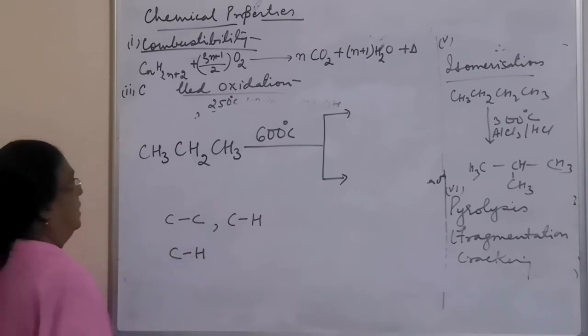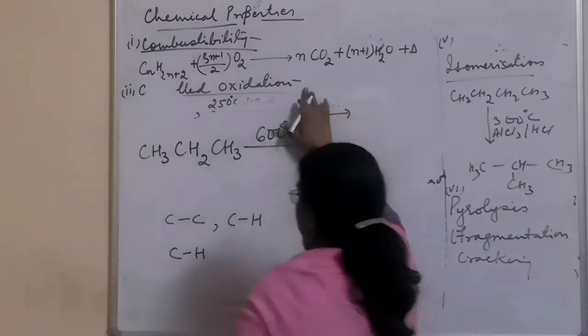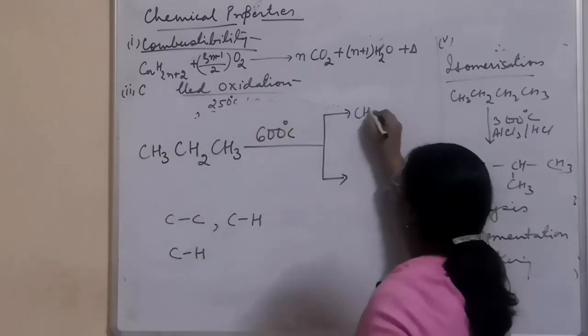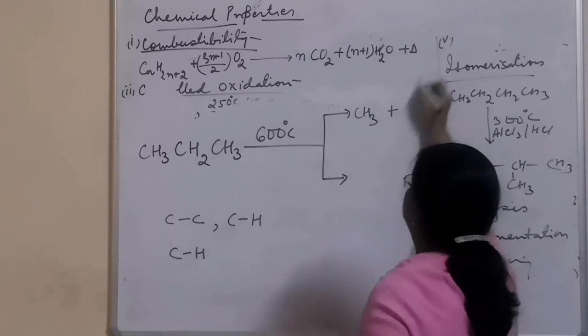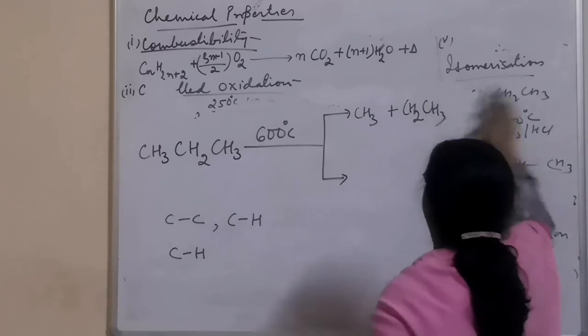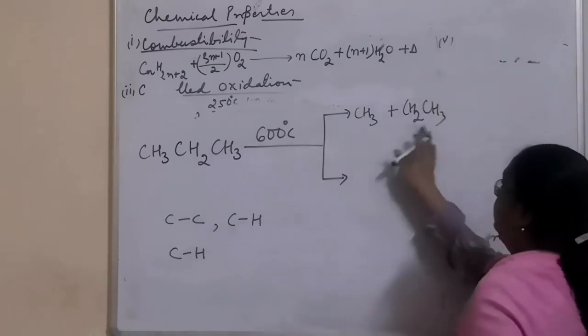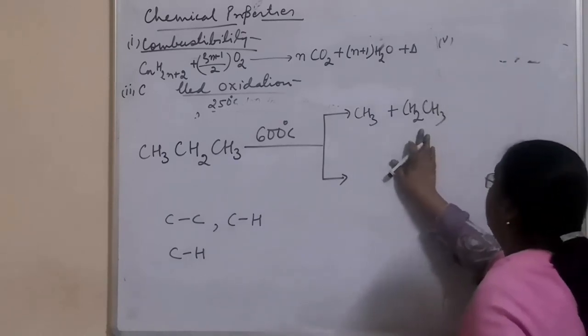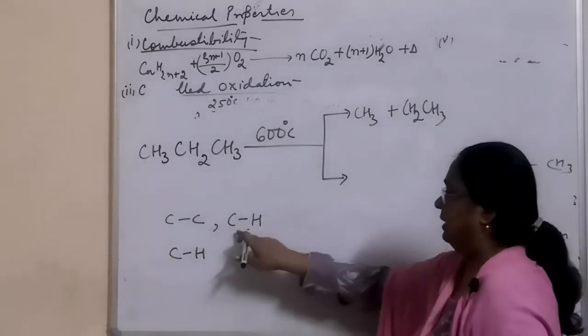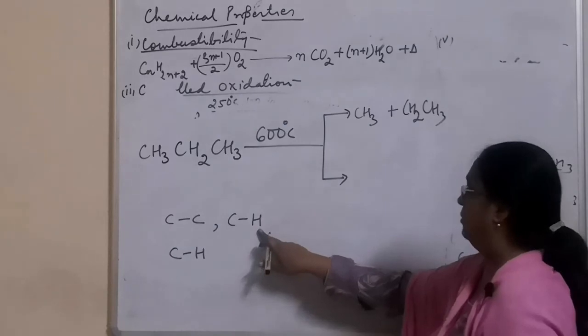So we will get different compounds. If the carbon-carbon bond breaks, we will have CH3 as one piece and CH2 CH3 as another piece.